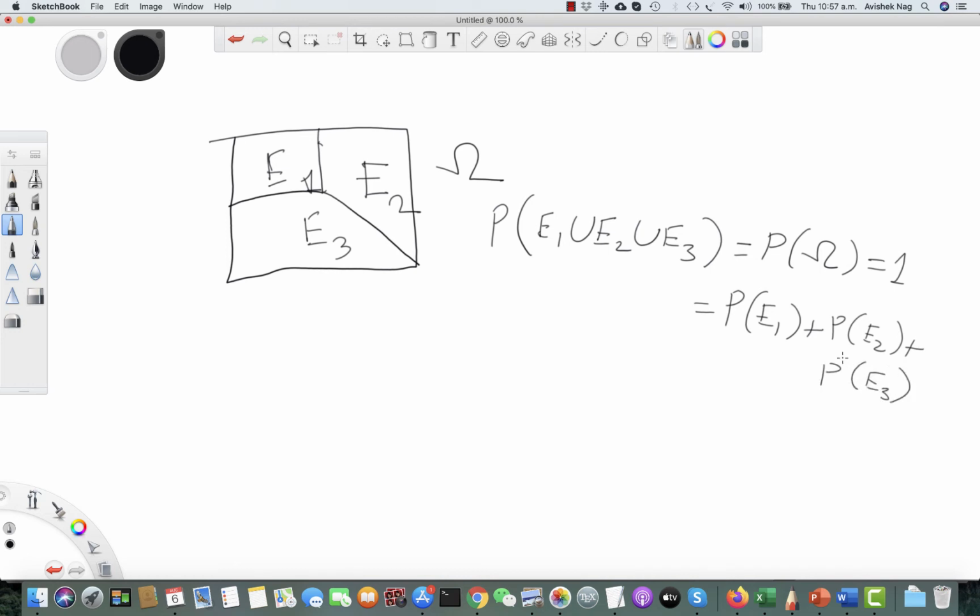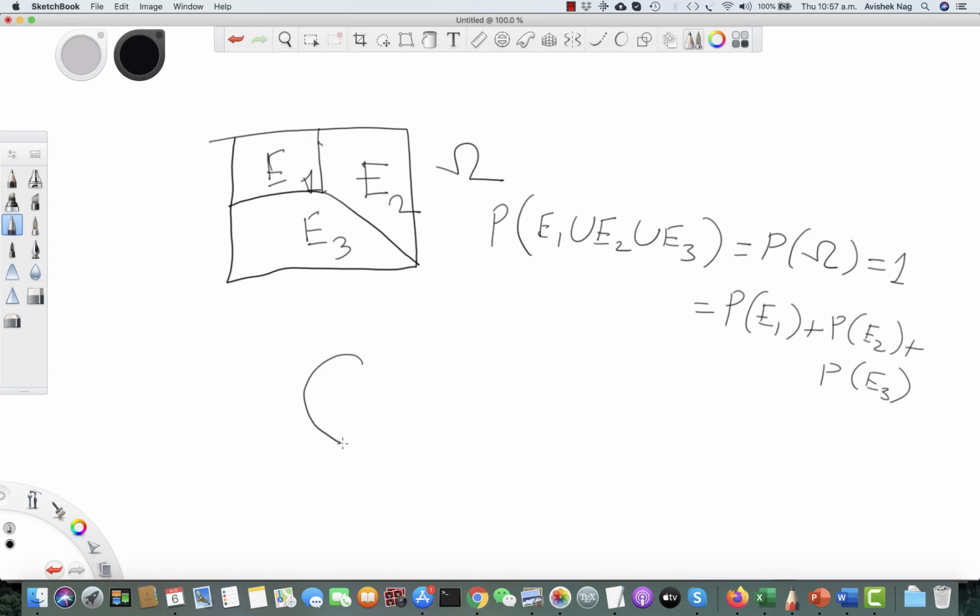So this is true for any mutually exclusive events, but if there is an overlap of these events, then you have to subtract the probability of the overlapping region. I can demonstrate this with another picture.